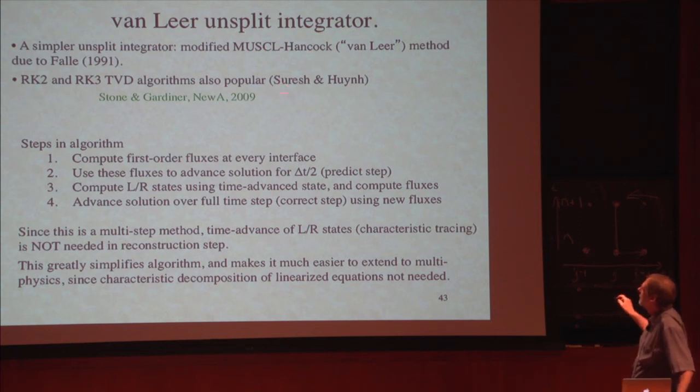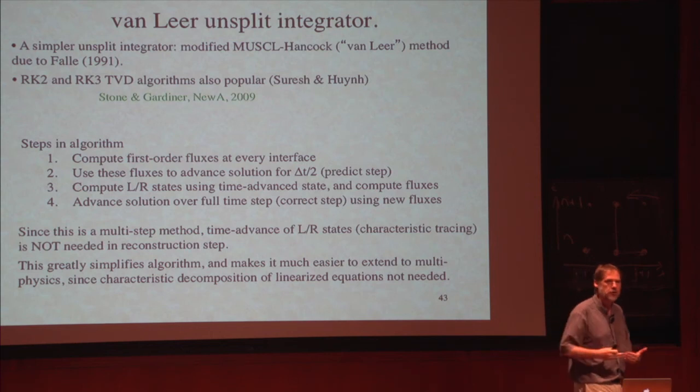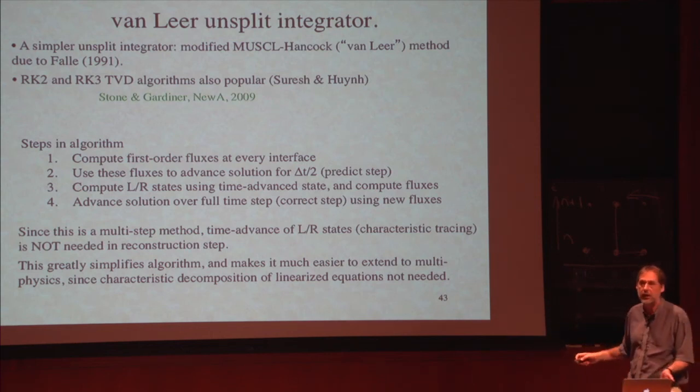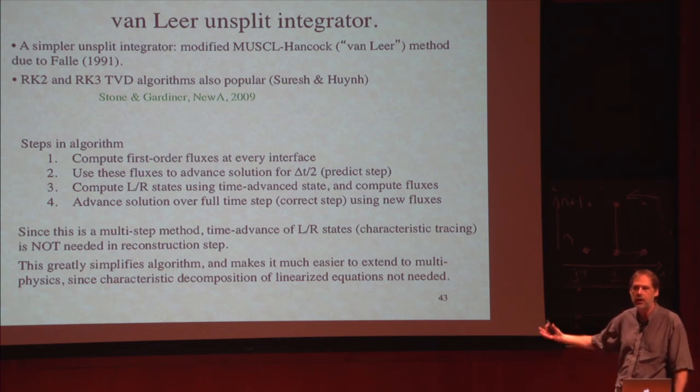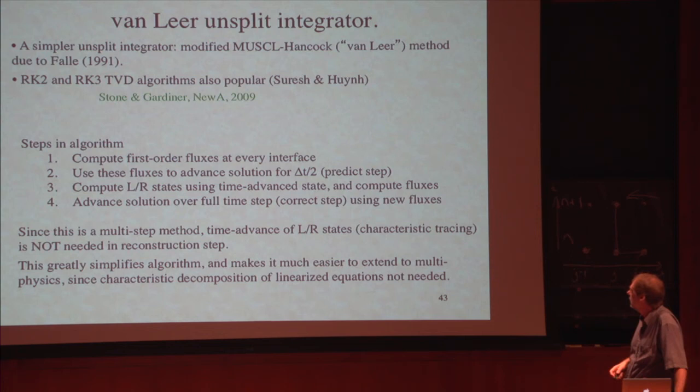And they're described in various papers in the applied mathematics and astrophysics literature. So the way you get to higher order in time is by doing multiple time steps as in an ODE integrator. You get higher order in space by higher order reconstruction, higher order in time using these TVD high order time integrators. And I won't walk through all the steps, but there they are.